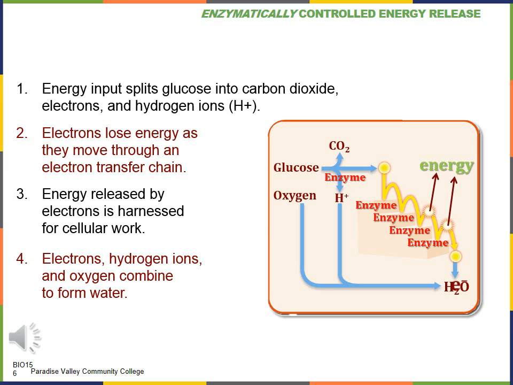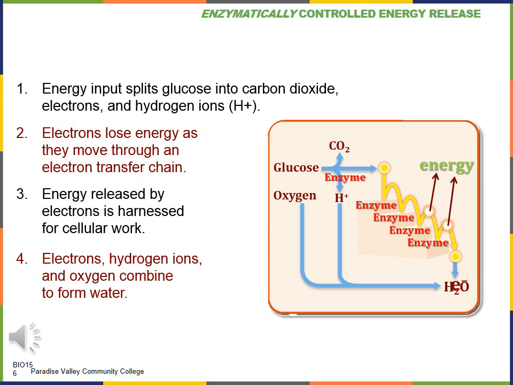into this transport chain. And so electrons and enzymes are going to work together in a stair-step fashion to lower the overall amount of energy that is in this process. And so energy will be released, but in small increments as we go down the staircase.